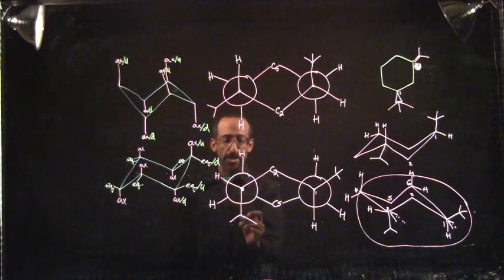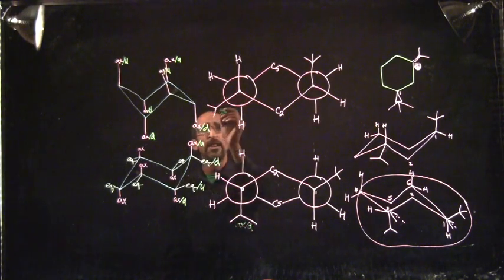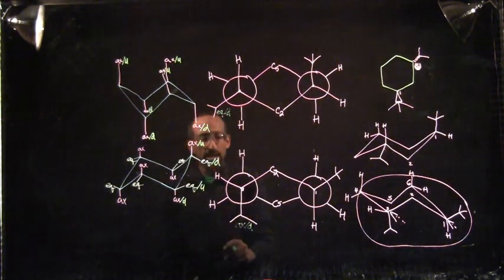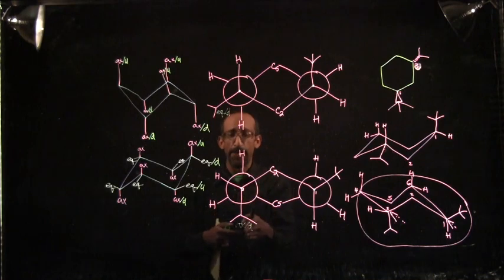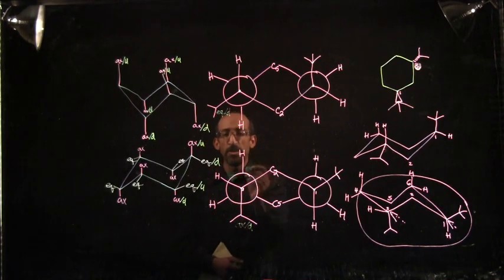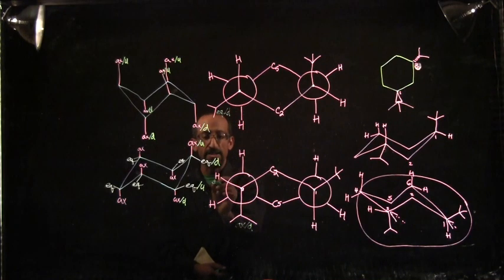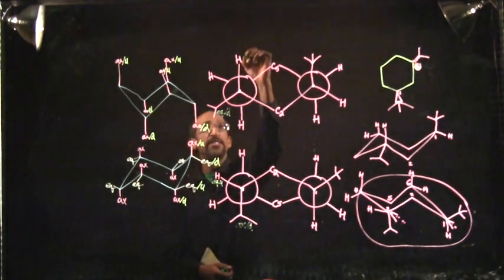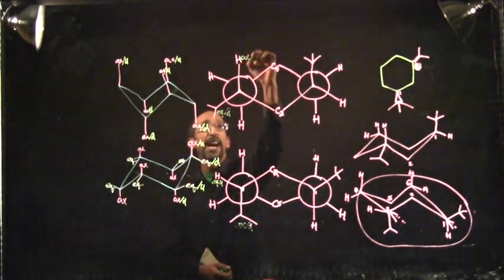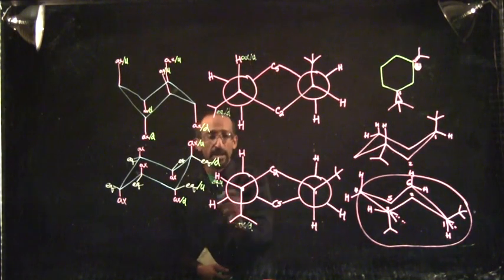So we'll start with this isopropyl group, and we can see here it is axial down, whereas here it is now equatorial down. Axial switched to equatorial, but down stays the same. We can continue this process. Here we have a hydrogen that's equatorial up, and that same hydrogen is now axial up.